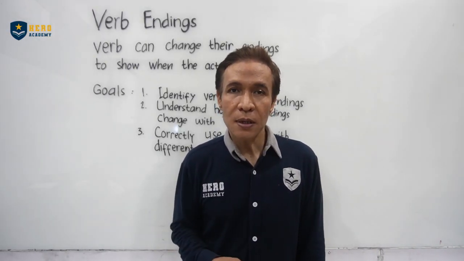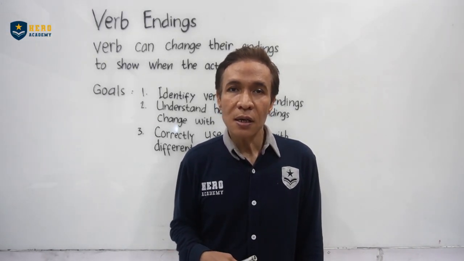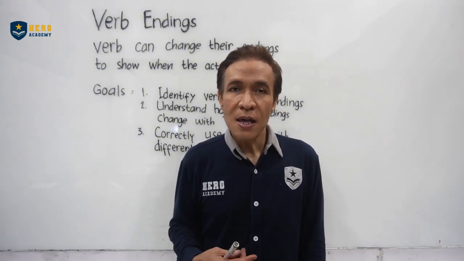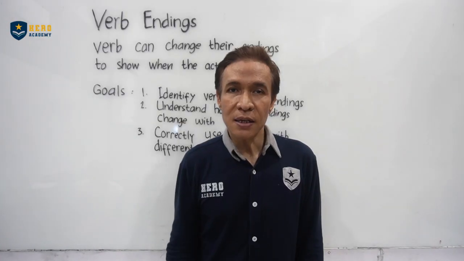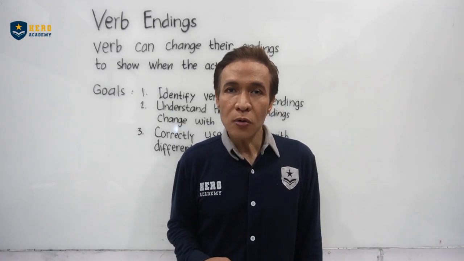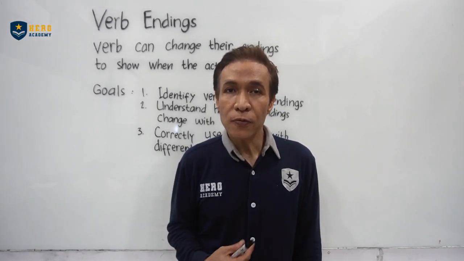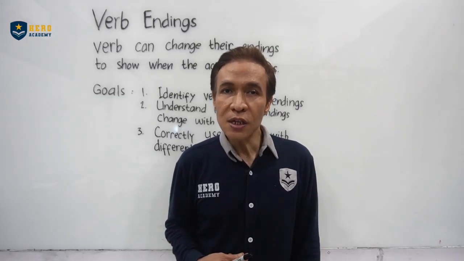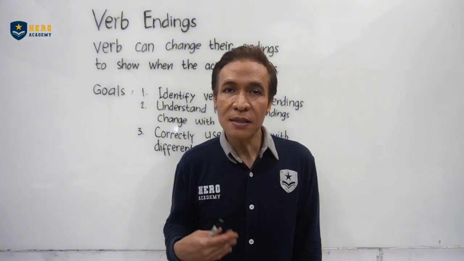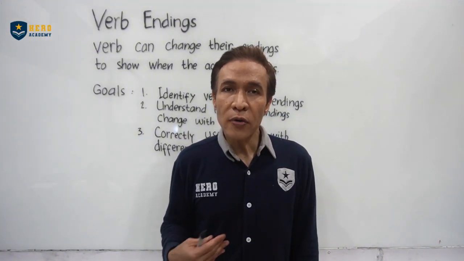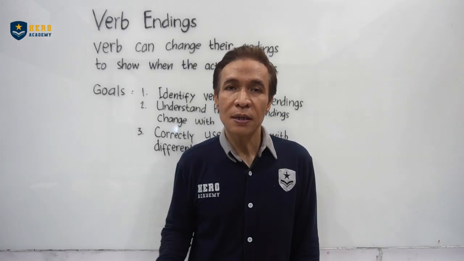For example, she is having dinner. He is playing a video game. So we add ing at the end of verbs that is used in present continuous tense, telling you that the action is going on at the moment.